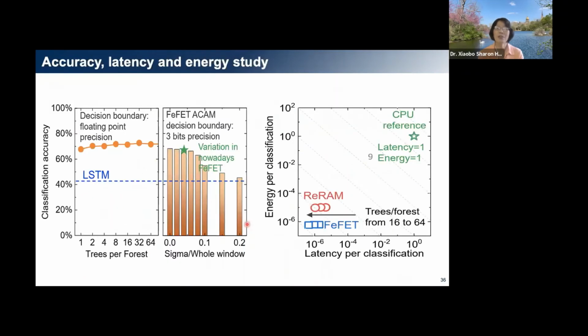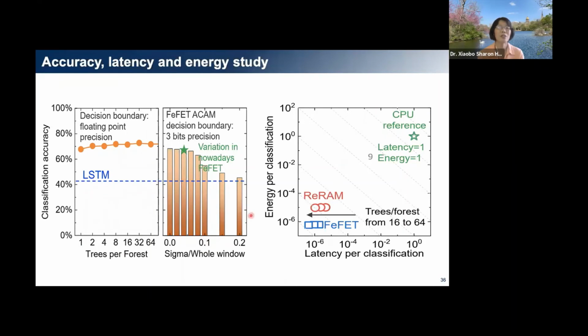And how does this really behave in a real data set? Here we examine the accuracy first. Let's look at the left one. This is the accuracy versus the variations.